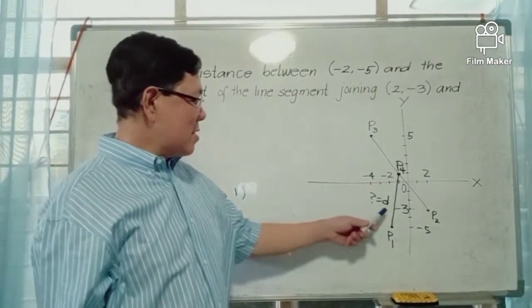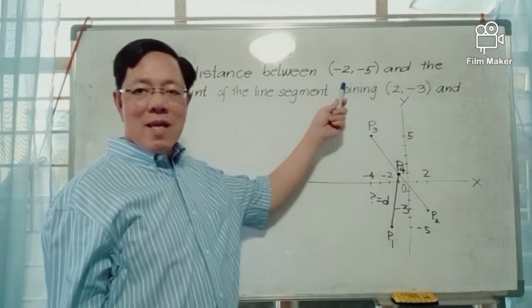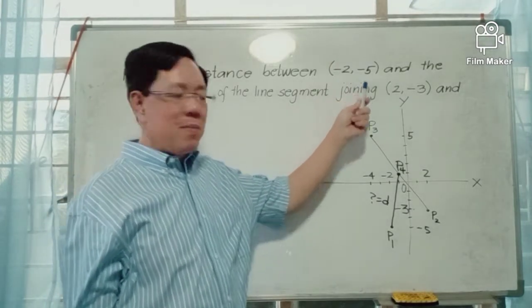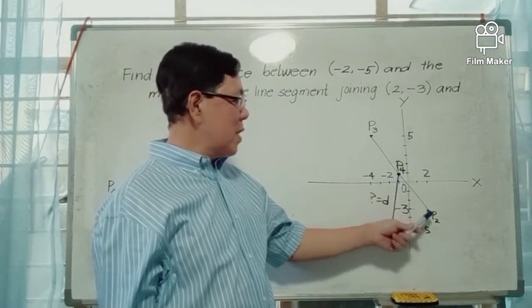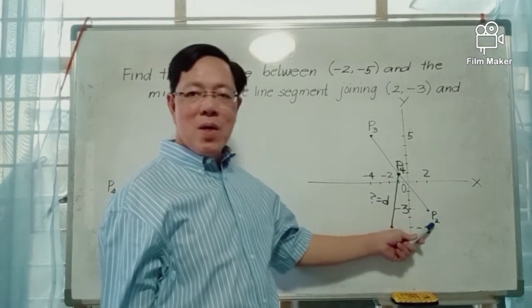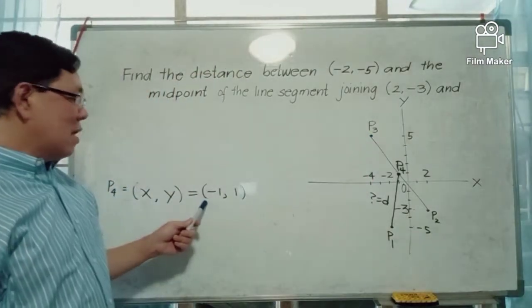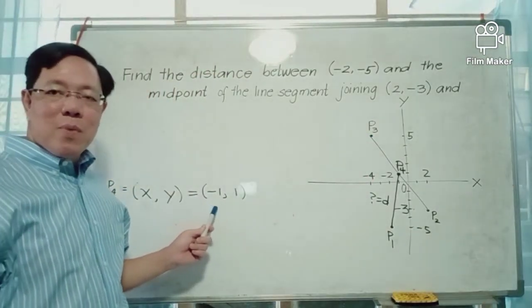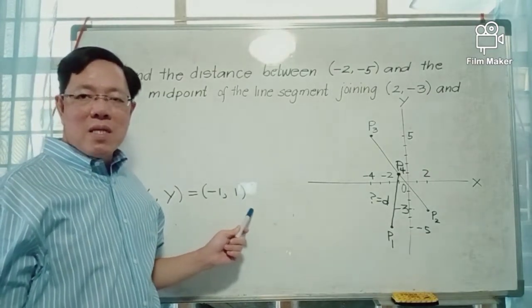D is the distance between the point P1 with coordinates -2 and -5 and the point P4, the midpoint of the line segment with endpoints P2 and P3. And we found the coordinates of the midpoint P4 as -1 and +1.